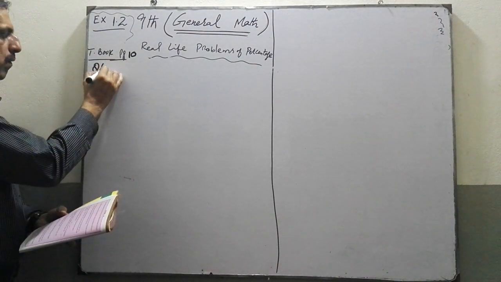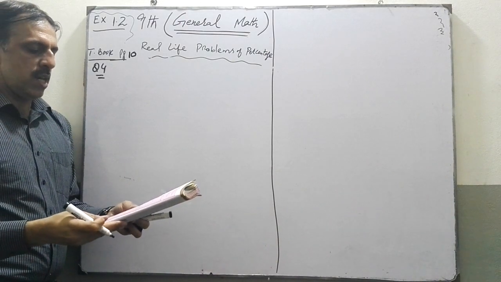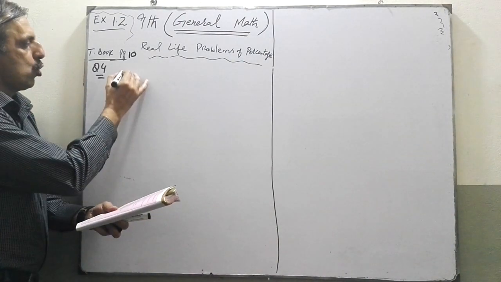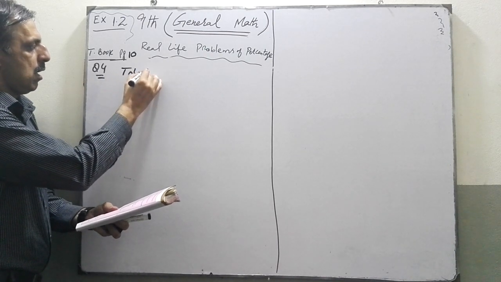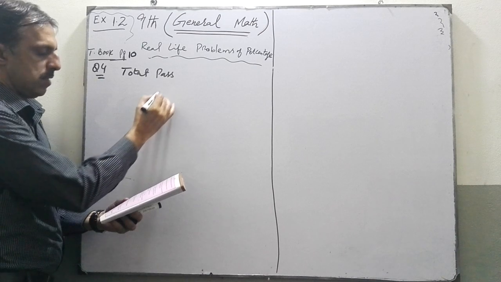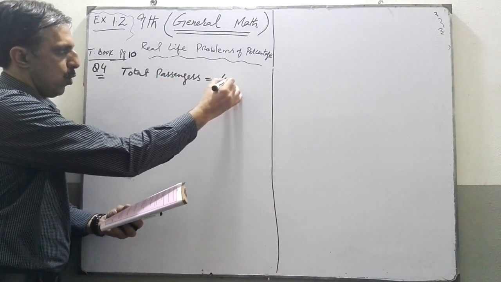Question number 4. In question number 4, an aeroplane carries 400 passengers. Now we will write total passengers in aeroplanes. The total passengers is 400.